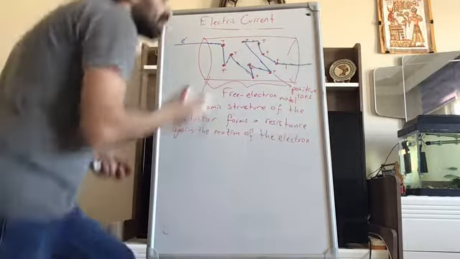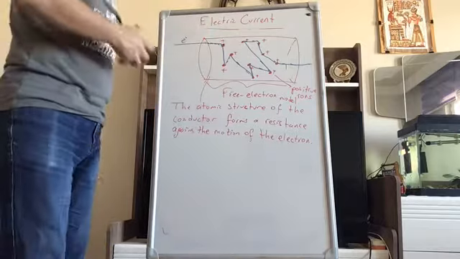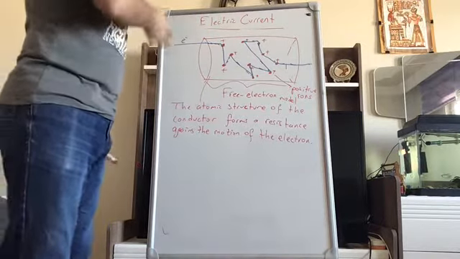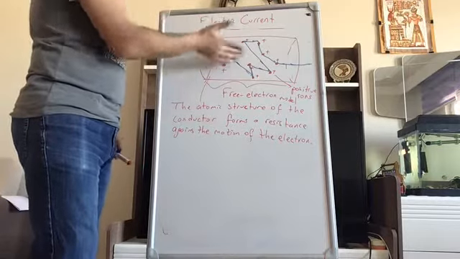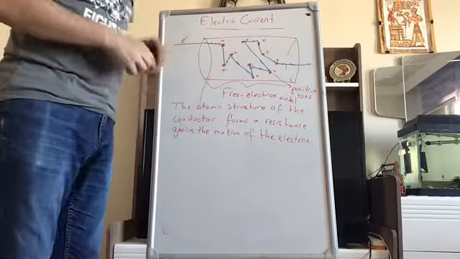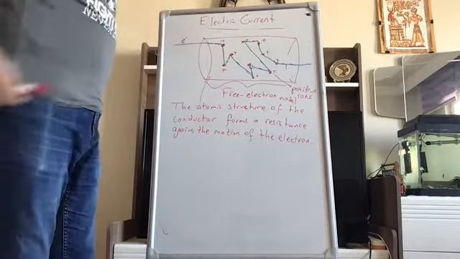The material doesn't like the electron moving inside itself, so it keeps distracting it from its original path. So it gives us this complicated path rather than a straight one.